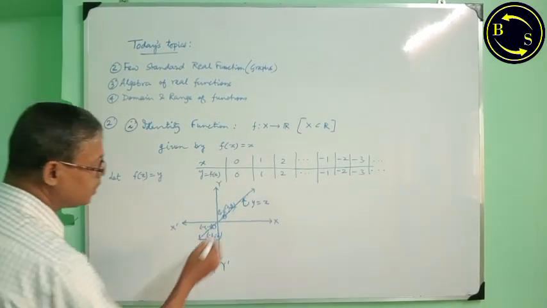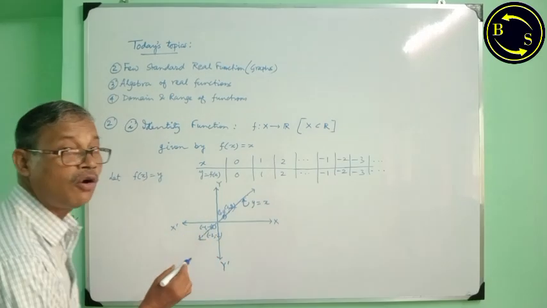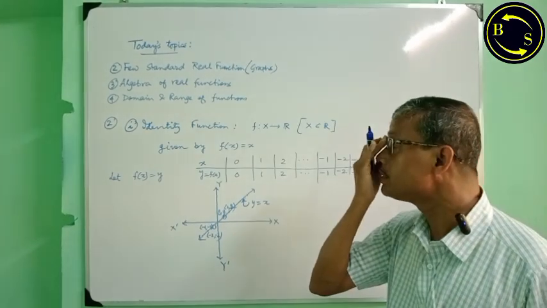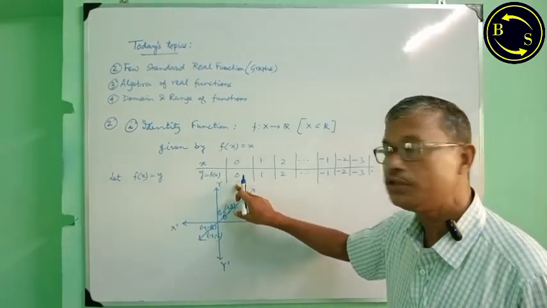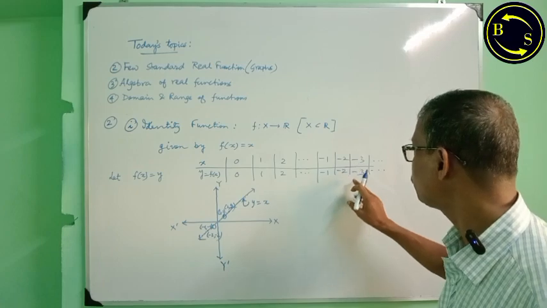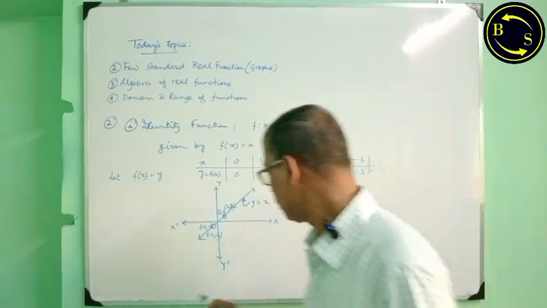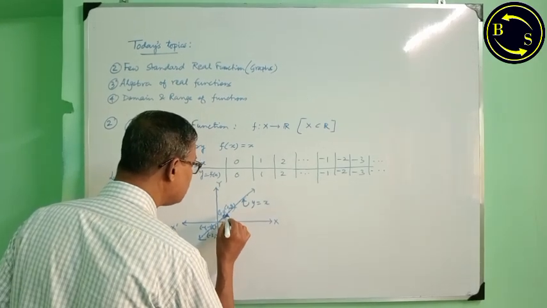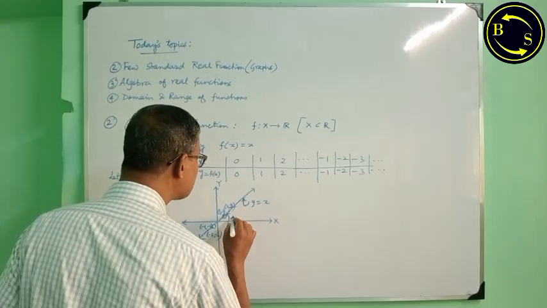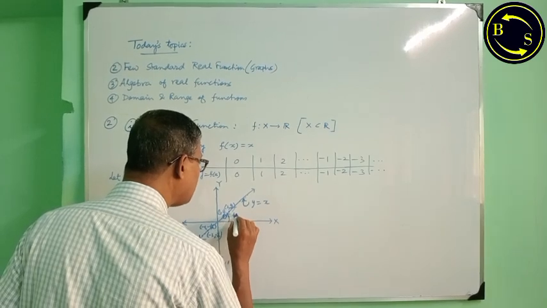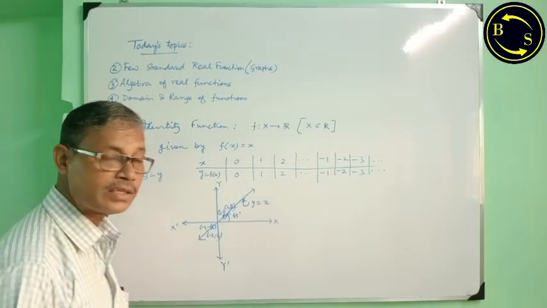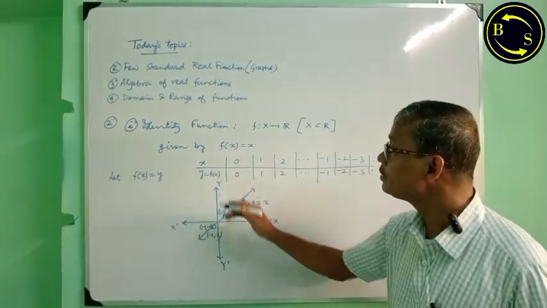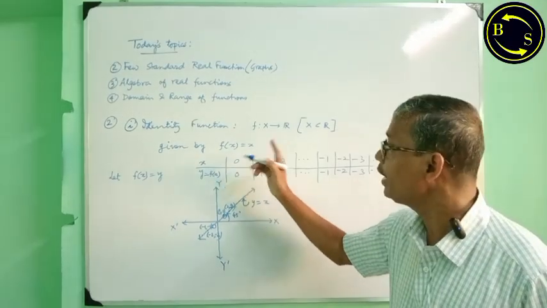Therefore, this straight line passes through the origin, also the points (1, 1), (2, 2), (0, 0), (minus 1, minus 1), (minus 2, minus 2), (minus 3, minus 3), etc. It is clear that this straight line makes an angle of 45 degrees with the x-axis as well as the y-axis. Therefore, this is the graphical representation of f(x) equal to x.